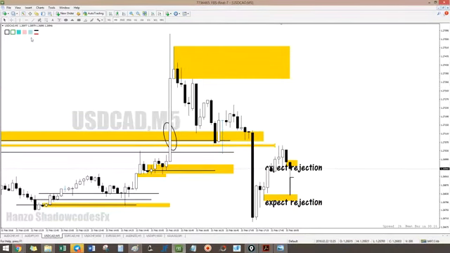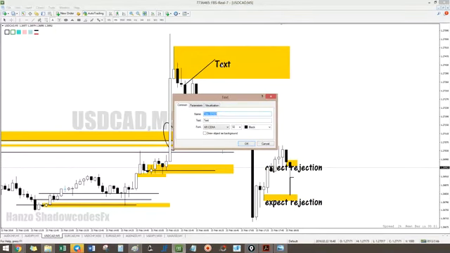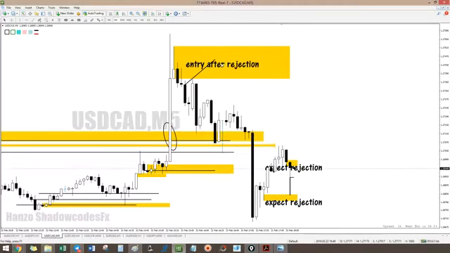And then you just entry here. You entry on the second candle after the rejection. You entry after rejection.